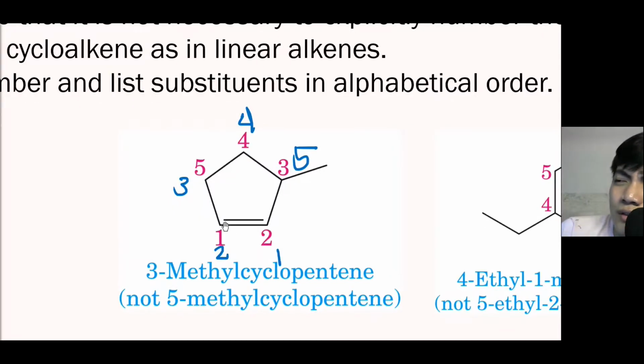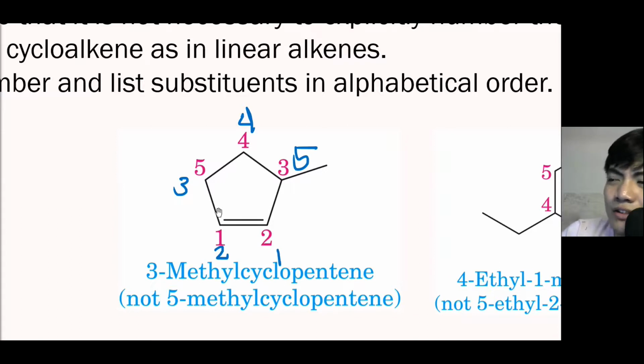So, again, you always start before the double bond. So, 1, 2, 3, 4, 5. Pwede rin naman dito. 1, 2, 3, 4, 5. Okay? So, which one will be used? Is it the red or the blue? So, apparently, yung red na nakasulat. Okay? So, why?